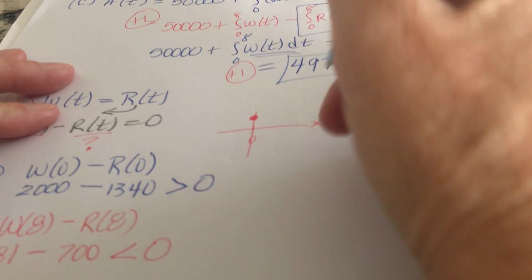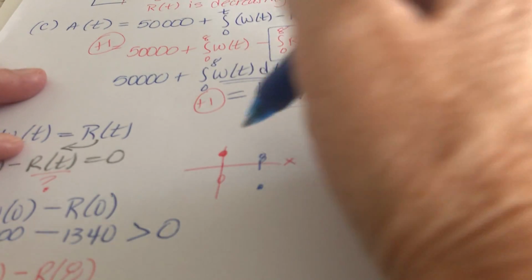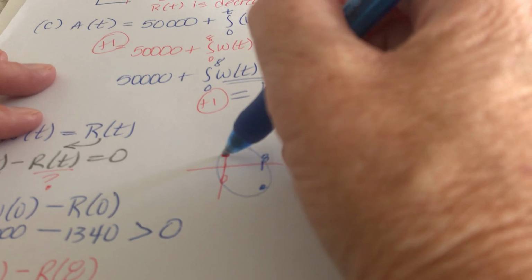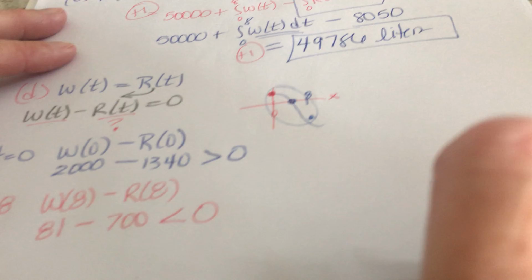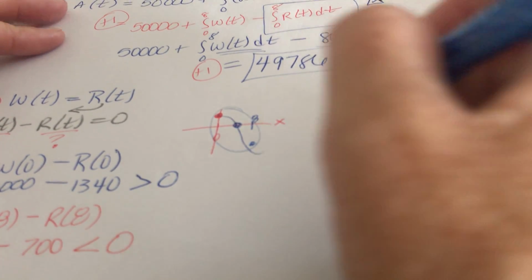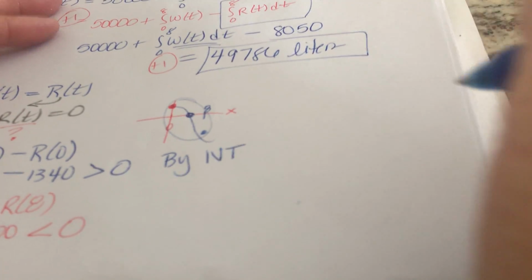So again, my little drawing over here, if this is 8 and it's down here, what has to happen in the graph for you to go from here to here in a continuous function? It has to cross the x-axis. So here's what we're going to say. By intermediate value theorem, that's what they want us to say.